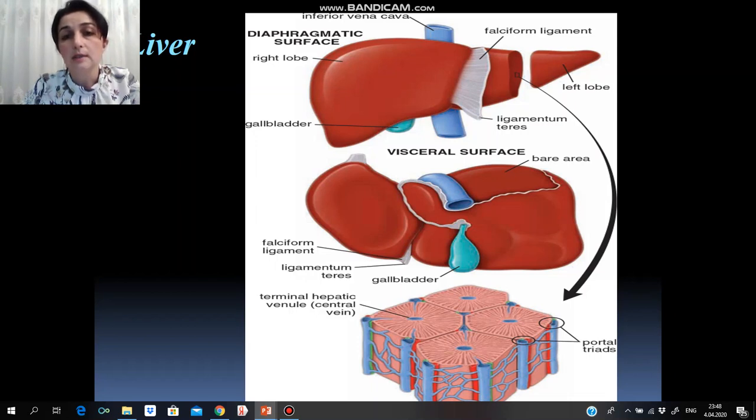The liver receives blood from 2 sources, that is the hepatic artery, which is a branch from the abdominal aorta, and the portal vein, which carries blood from the unpaired organs of the abdominal cavity. The portal vein is formed by a fusion of 3 veins, as you know, that is the splenic vein, which carries blood from the spleen, rich in hemoglobin components, bilirubin, and so on.